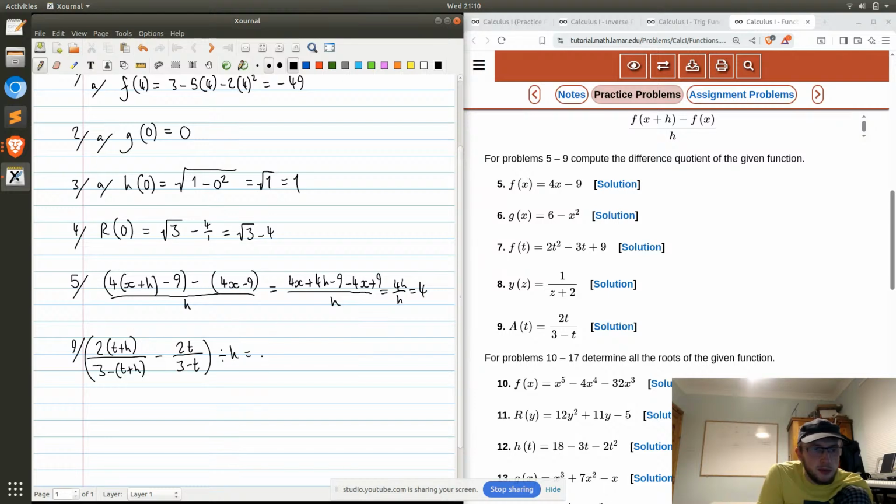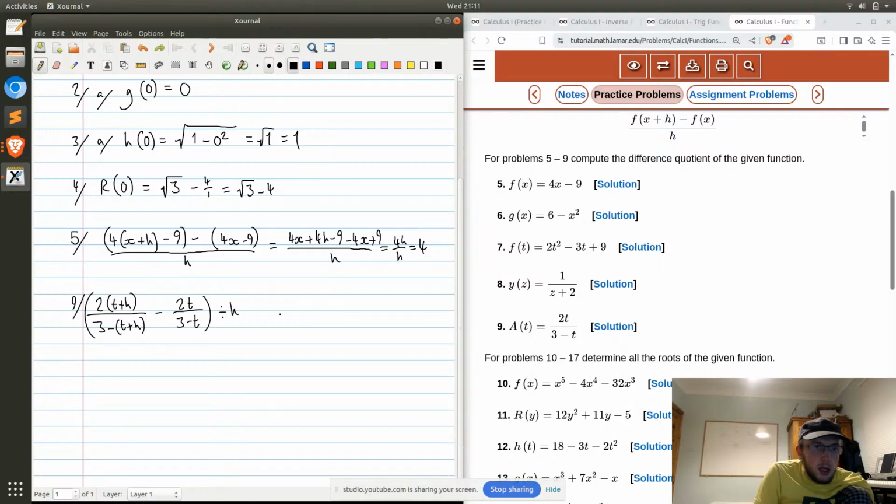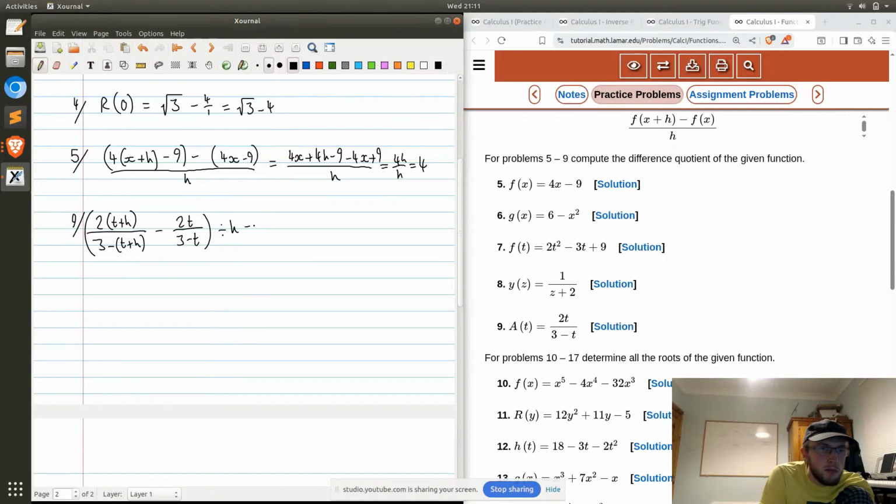And all of that divided by h. Okay. And all that has to be divided by h. All right, so some very messy looking function here.